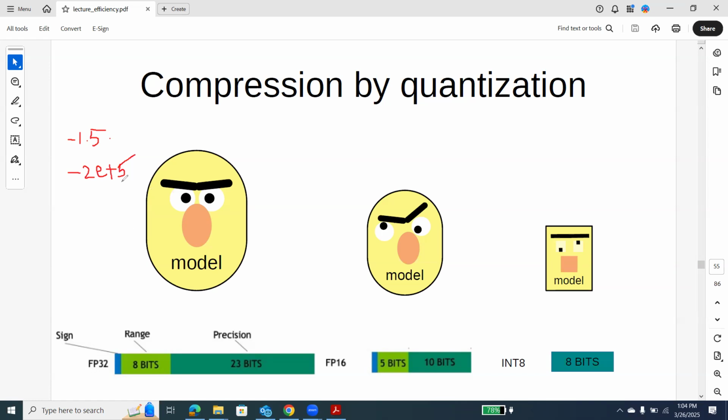Yes. So in float 32, we have 8 bits for the exponent and the rest for the number itself, the significant digits. And in scientific notation, it will store about 9 digits.